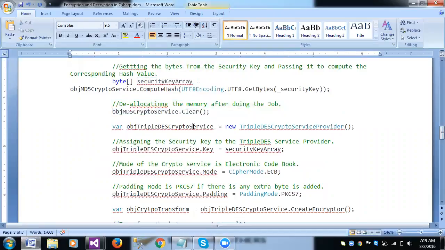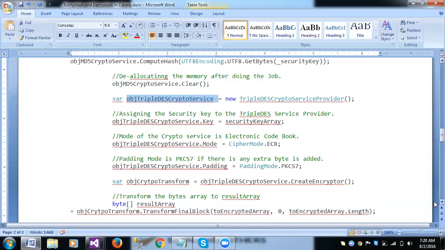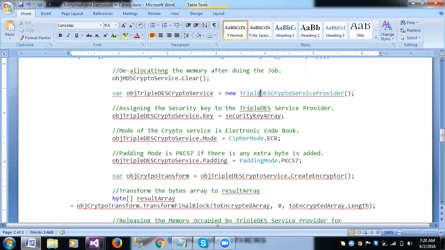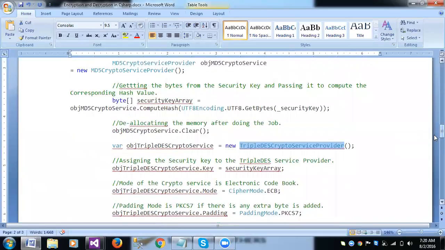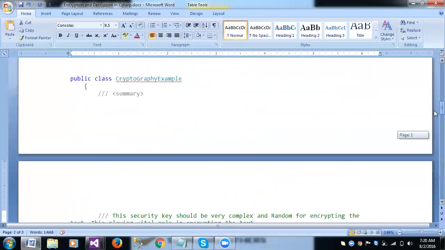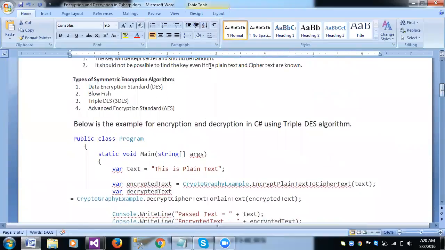Now what we have to do is take a reference of the Triple DES, the DES algorithm, Data Encryption Standard. What are the standards here? We'll see.